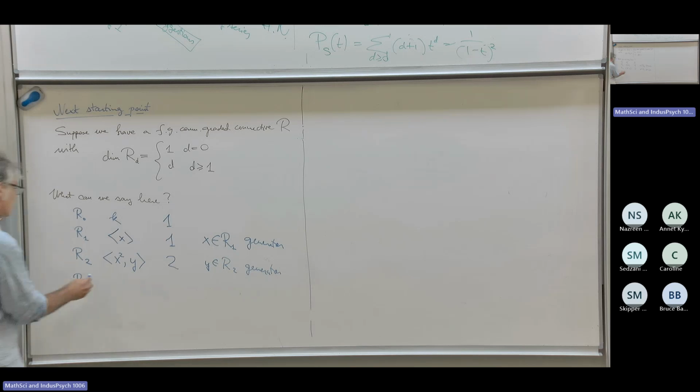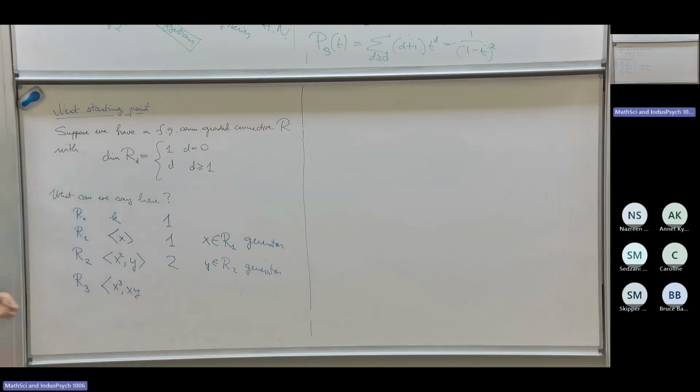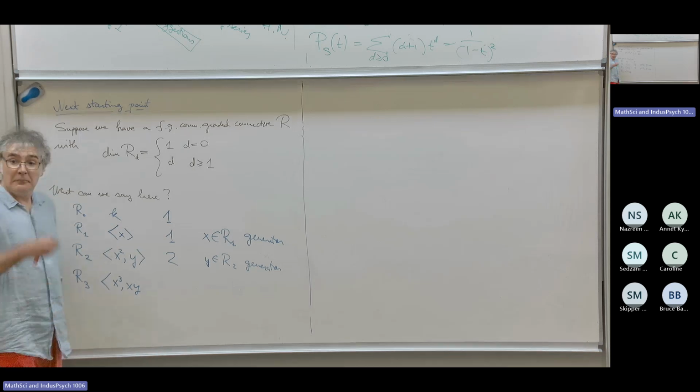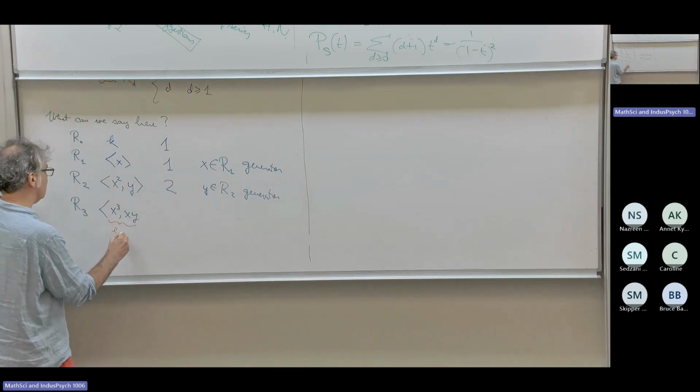Okay. So now what is R3? Well, in R3, we already know two elements. You may recognize this very soon. We have X cubed and we have XY. And now, okay, we were not told anything more by the oracle, but let's assume that we are in some kind of generic situation, and let's assume that they are linearly independent.